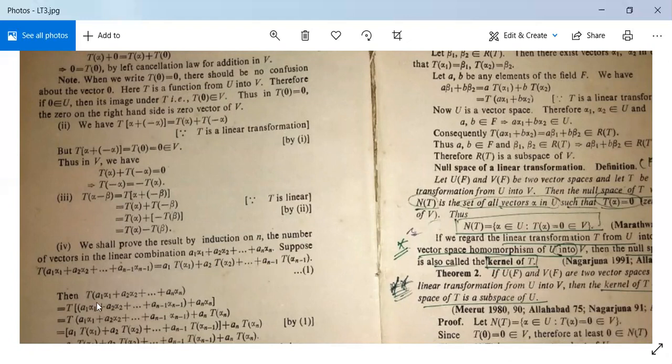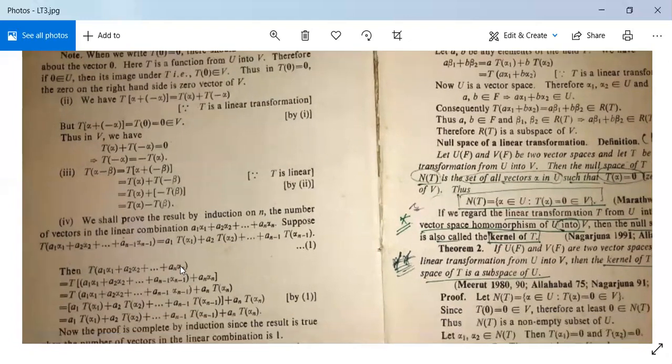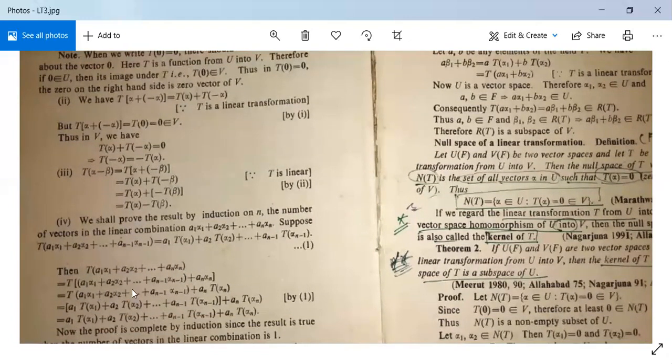See, then T(a1α1 + a2α2 + ... + anαn) is equal to T((a1α1 + a2α2 + ... + a(n−1)α(n−1)) + anαn). Keep these n−1 vectors in a bracket.